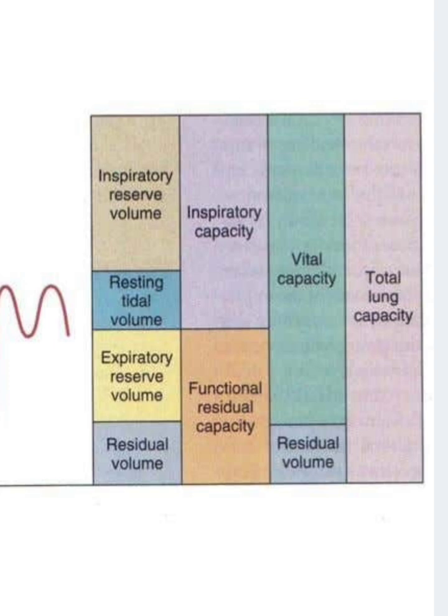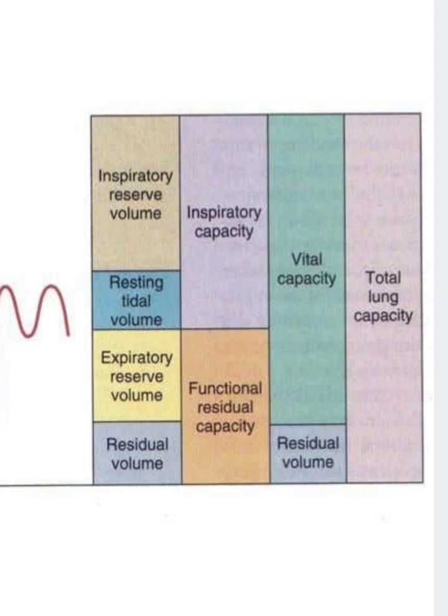And you can substitute IRV and TV with inspiratory capacity. These volumes together are called inspiratory capacity, and ERV and RV together are termed functional residual capacity.